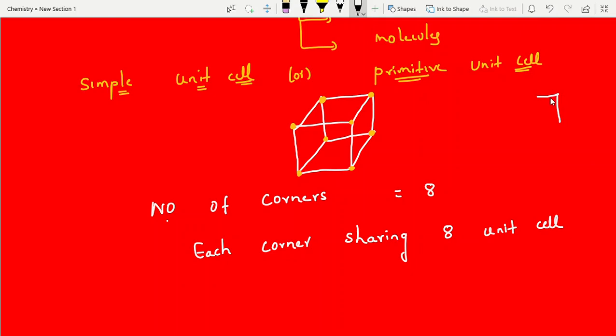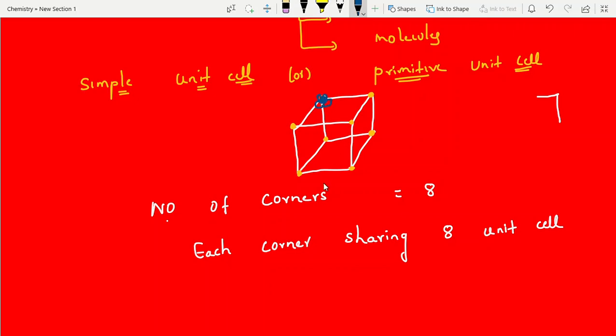Totally 8 unit cells are connecting at that point. Simply remember, each corner, each particle, is contributed by 8 unit cells: 4 at the bottom, 4 at the top.